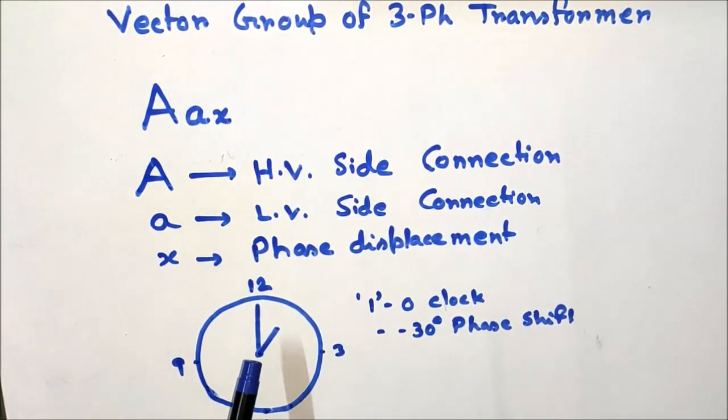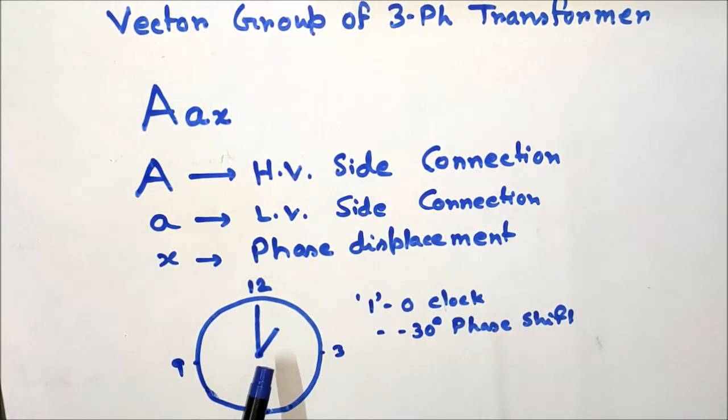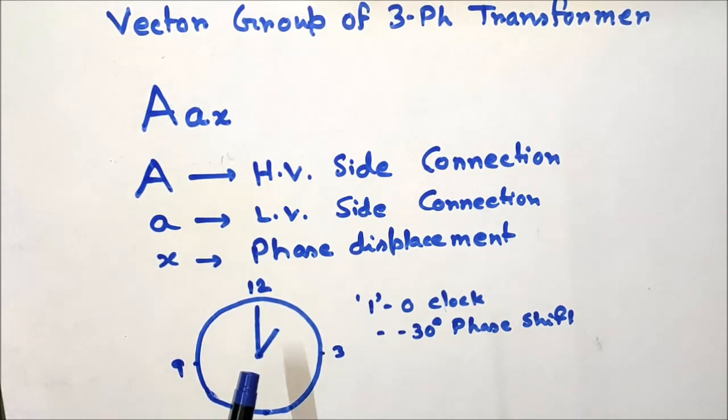Similarly, if the hour needle remains at 6 o'clock, then there will be a 180 degree phase shift from the HV side induced EMF to the LV side induced EMF.